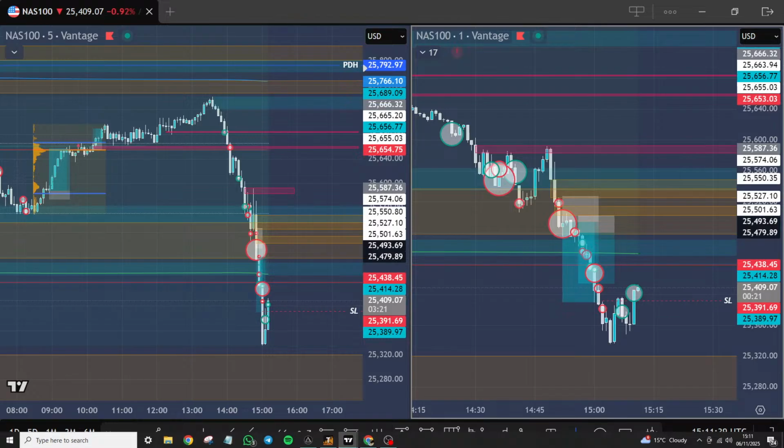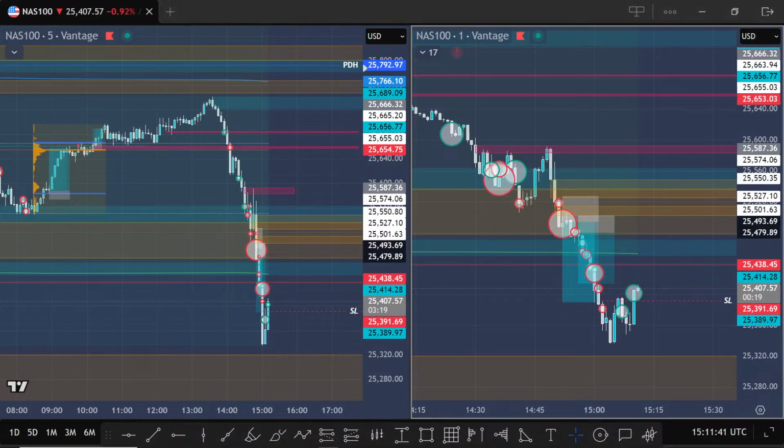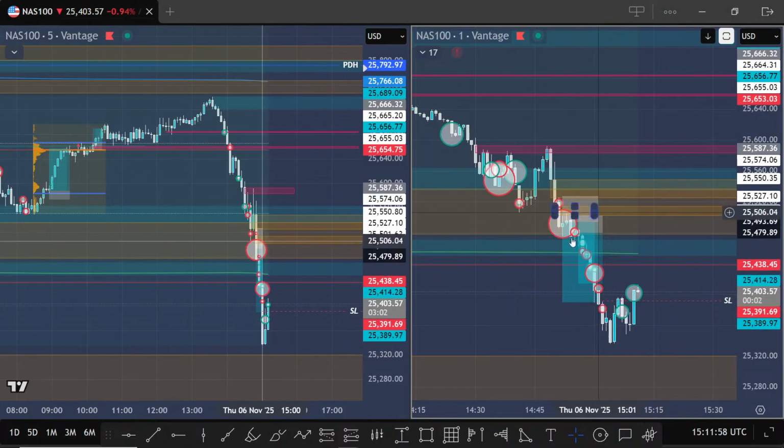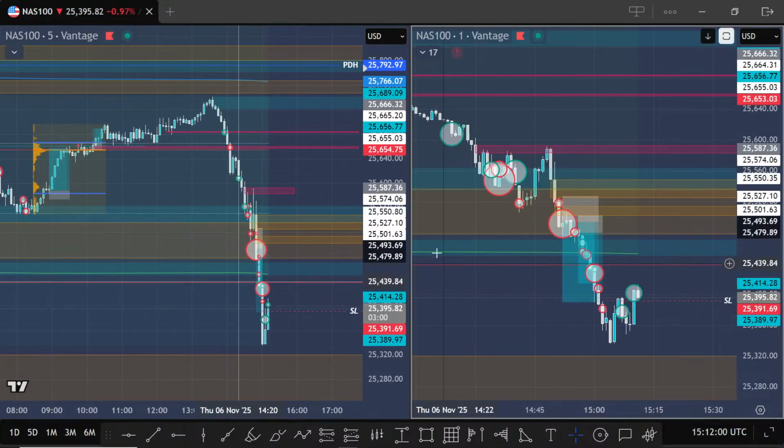We want to break those. We have created a big low volume node in this move. I'm not going to take anything inside of this.